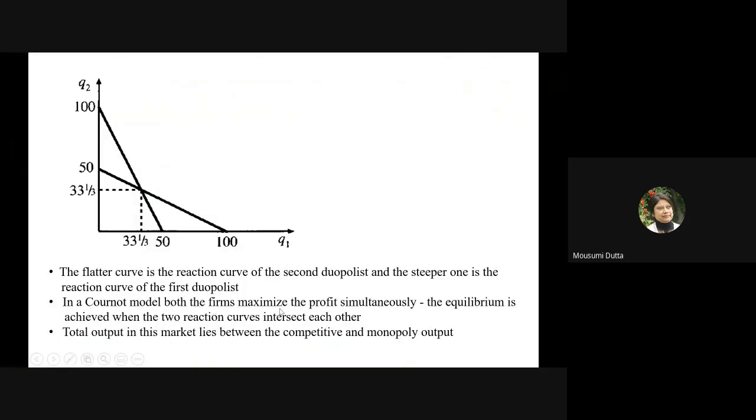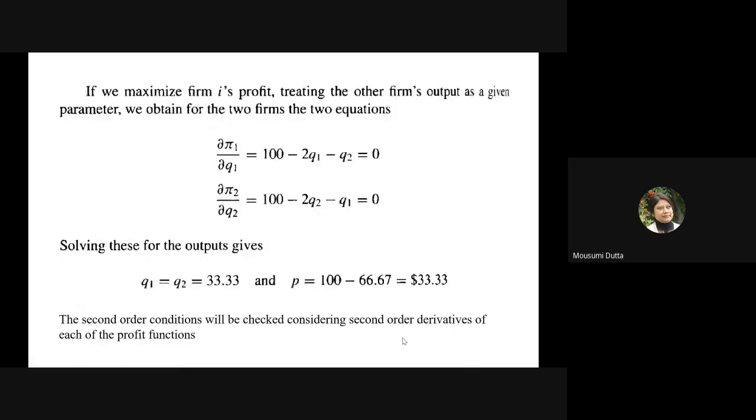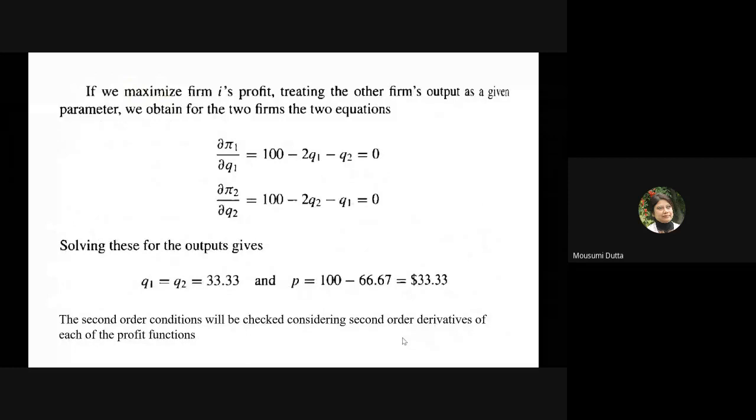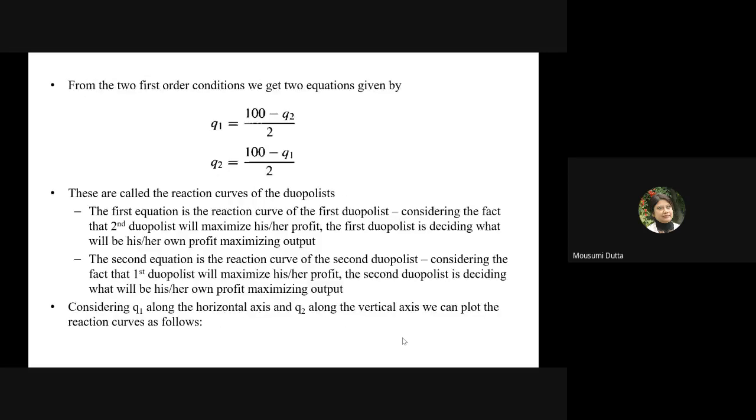In a Cournot model, both the firms maximize the profit simultaneously. The equilibrium is achieved when the two reaction curves intersect each other. Total output in this market lies between the competitive and monopoly output. So, given these two equations, as homework, you should derive the monopoly output and the competitive output, and check whether the oligopoly output lies in between the competitive output and the monopoly output.